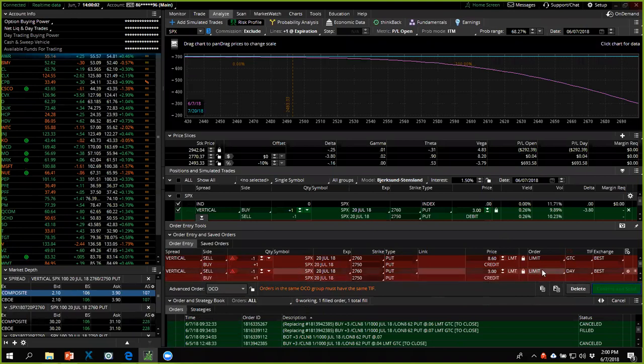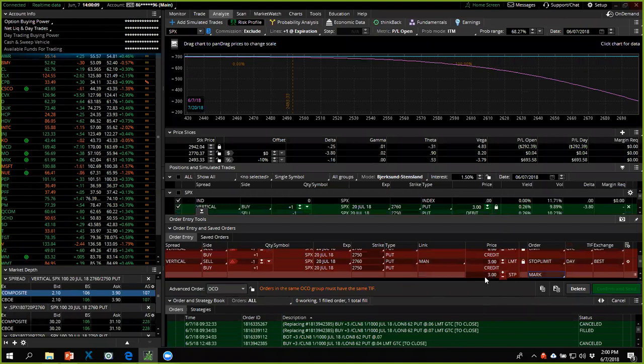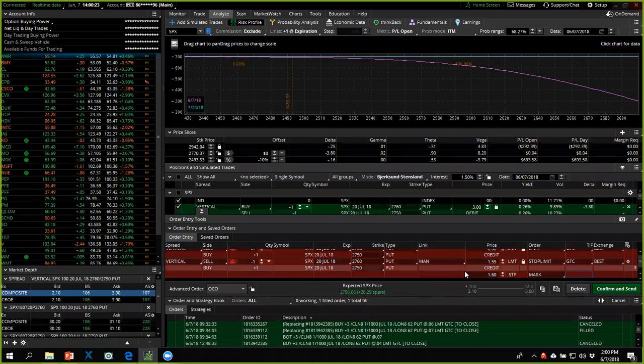So what you need to do is set a stop limit, and for this we'll say if it ever quotes at $1.60, I want to sell this for a limit of $1.55 and make that good till canceled as well. Now I always double check this because I often get these two numbers backwards.